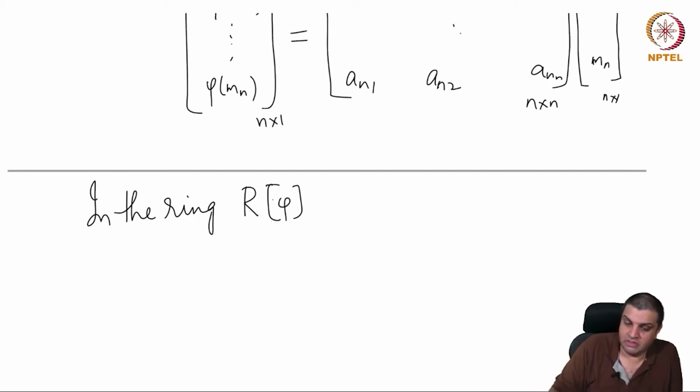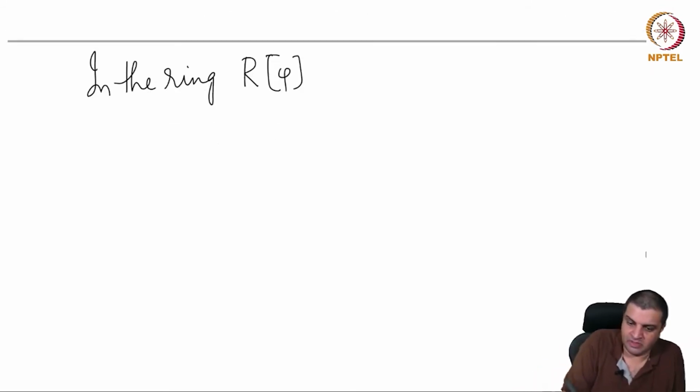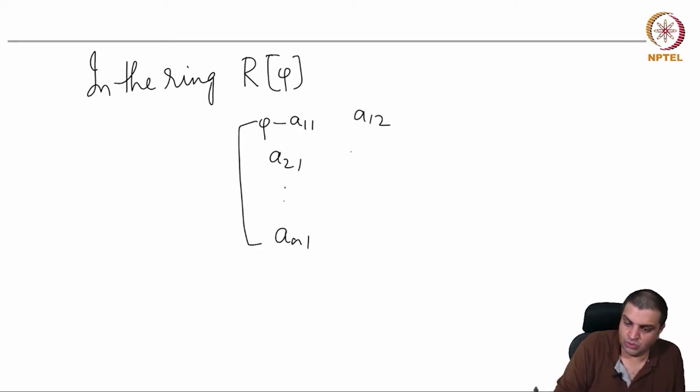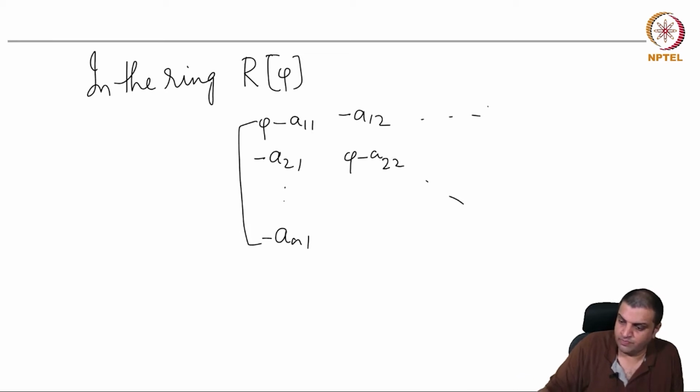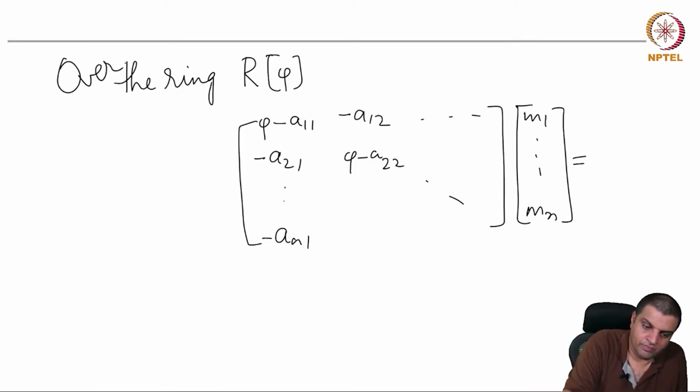So if you have a single map, this is a commutative ring, and in this ring we have the matrix with entries phi minus a11, minus a12 and so on, and this is 0.